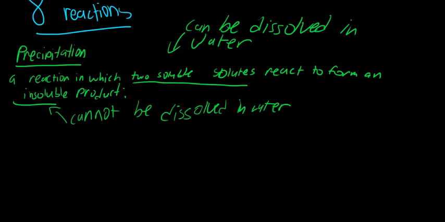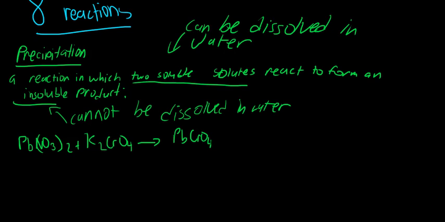One example would be, let's say, the reaction of lead nitrate, PbNO3, reacting with potassium chromate, K2CrO4. And that gives us lead chromate and 2 potassium nitrates.